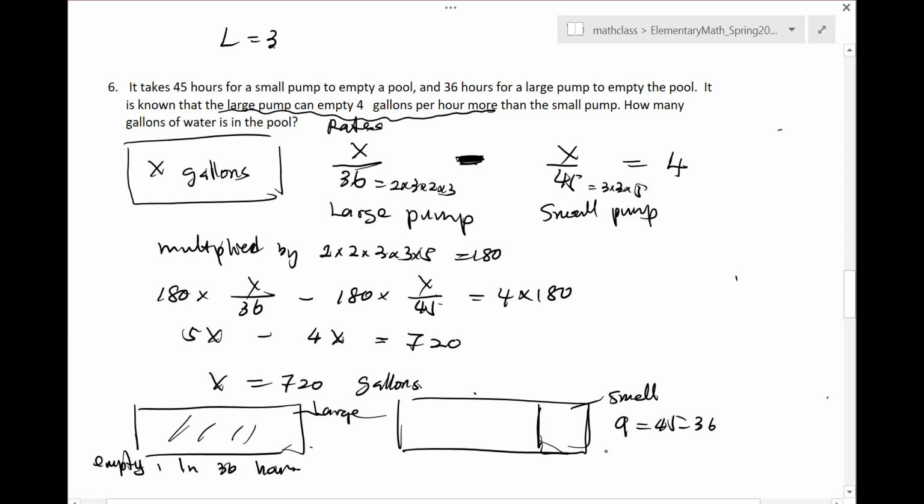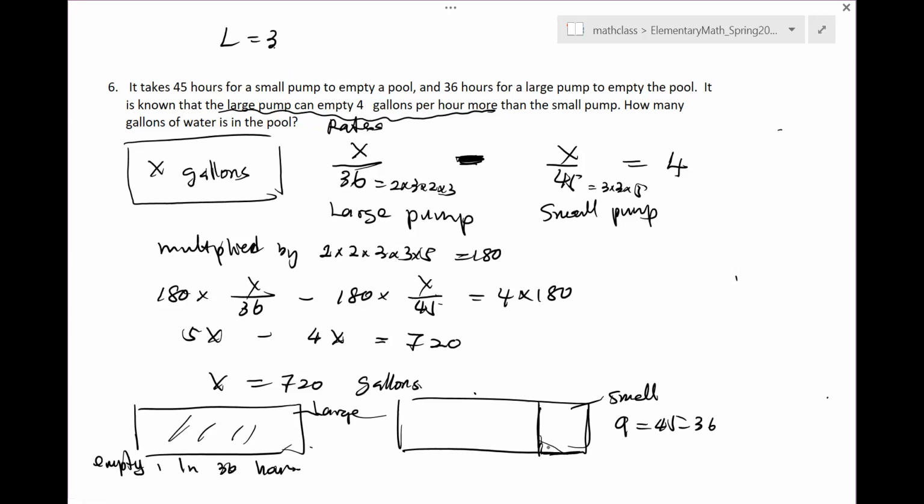how many gallons of water? How many more gallons, right? Because at 36 hours, see how much water is left on the other side? The larger pump every 1 hour empties 4 more gallons of water.